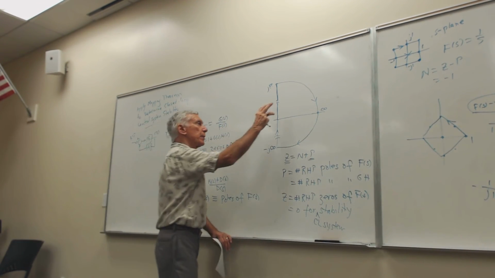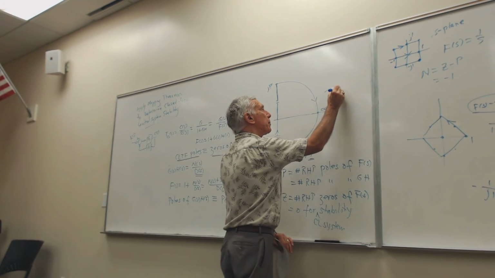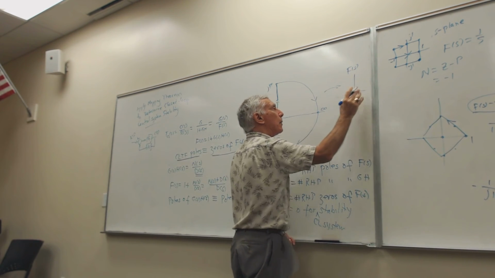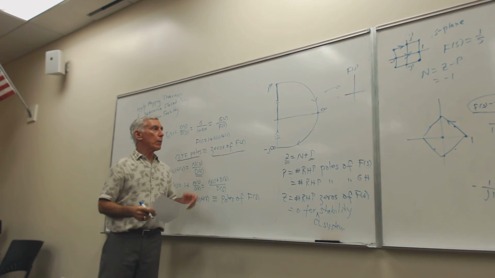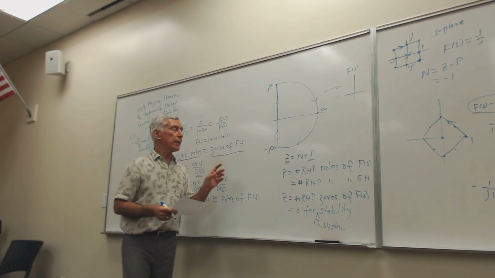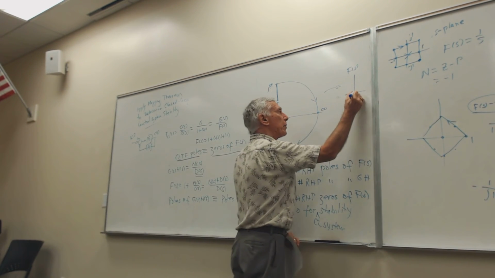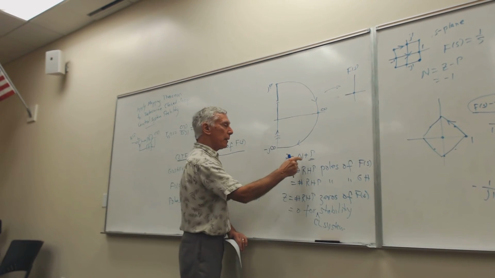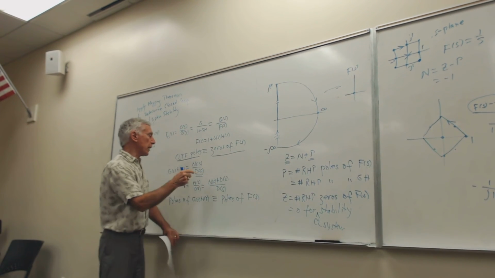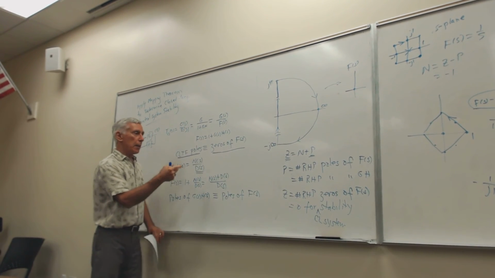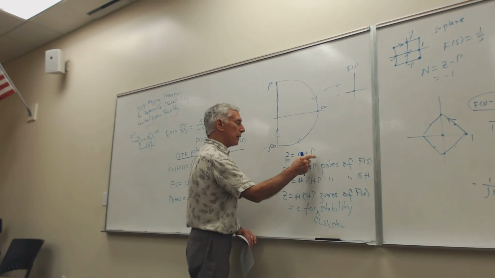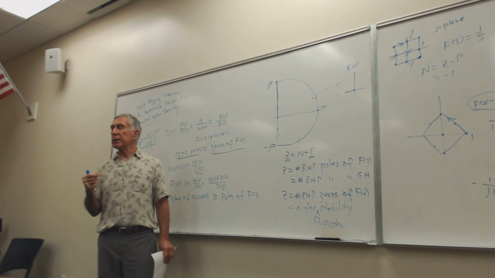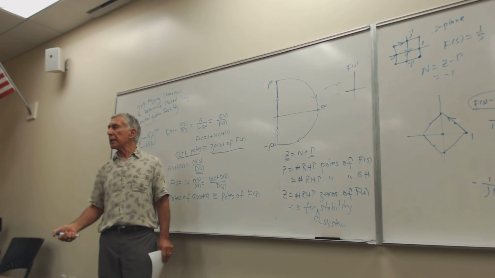In other words, when we're mapping from this plane to the F of s plane, this is the F of s plane, we find N by counting the net number of clockwise encirclements about the origin of F of s. That gives N. If we know N, we already know what P is. All we have to do is take a look at the open loop transfer function. If we find N, we know P, we can find Z. And so that's what we want to do. We want to determine if the system is stable or not. Okay.